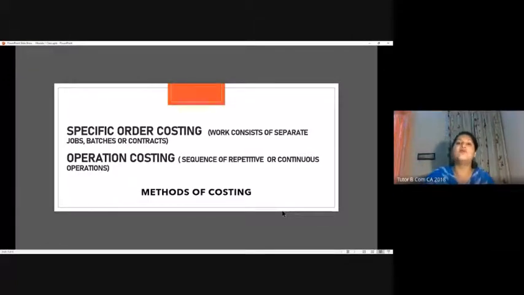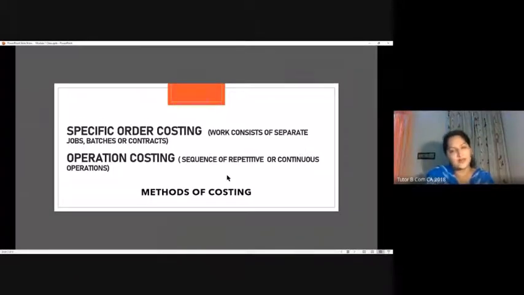So when you go with the final computation, you will consider all these stages to arrive at the final cost of your product. Right? Such a type of costing technique is what we call operation costing. That's why I have put it as a sequence of repetitive or continuous operations, which we talk about as operation costing. So methods of costing can be broadly categorized into specific order costing and operation costing.